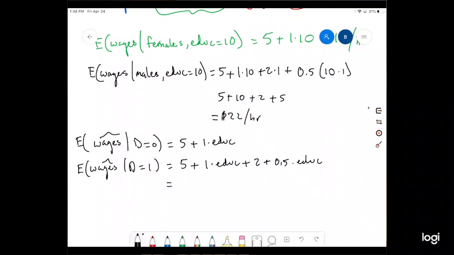We can sum up the intercept. So 5 plus 0.5 is 5.5. And then the slope of the line is going to be 1 times education plus 0.5 times education. So we'll get 1.5 times education. Okay, so now we have two different lines, one for the relationship between wages and education for females, and one for the relationship between education and wages for males. And so we can draw those.